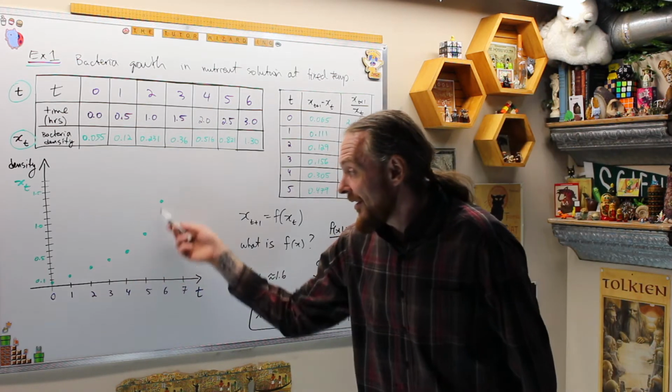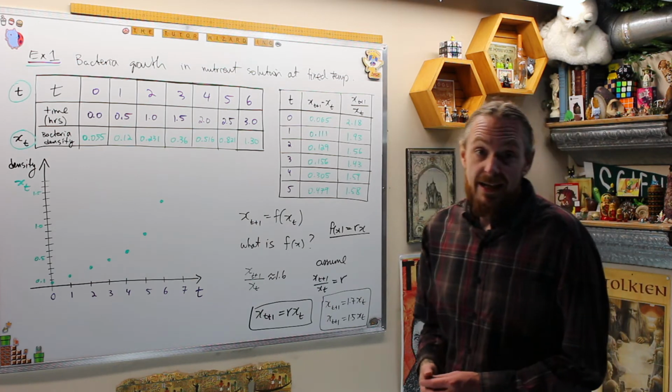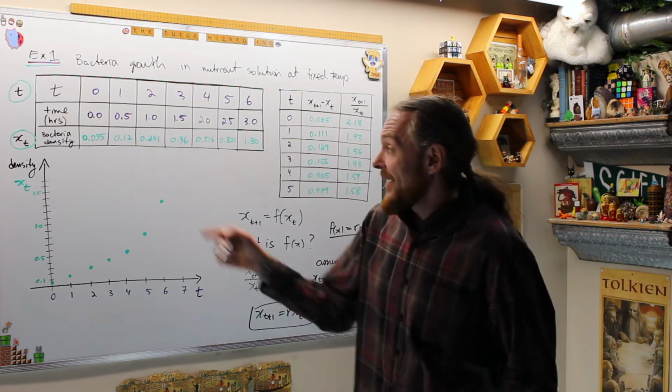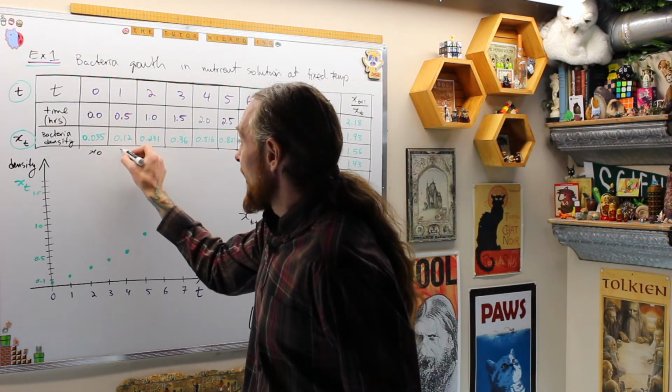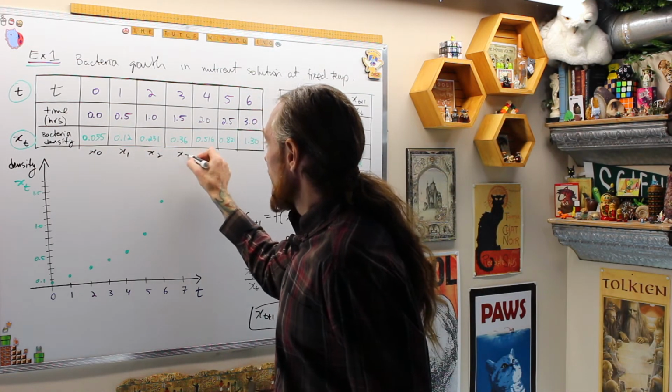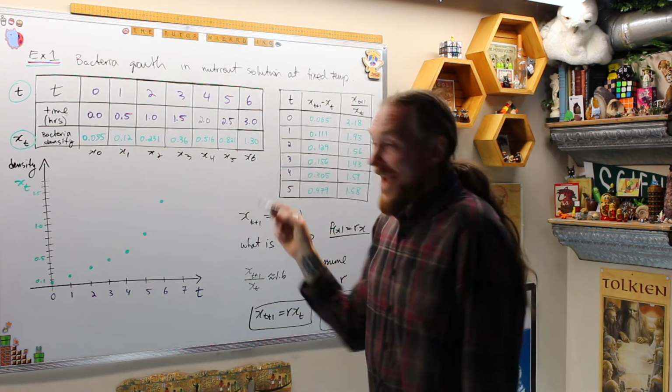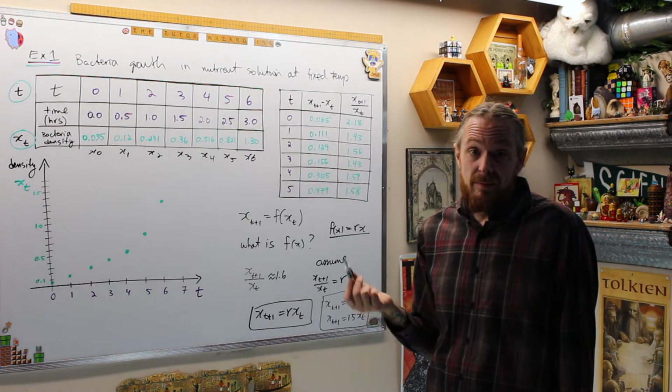This is the actual data. Now let's use the magic of editing and plot a bunch of values for what we would get here. Right now this is x_0, specifically x_1, x_2, x_3, x_4, x_5, and x_6. This is the actual experimental data for those densities.